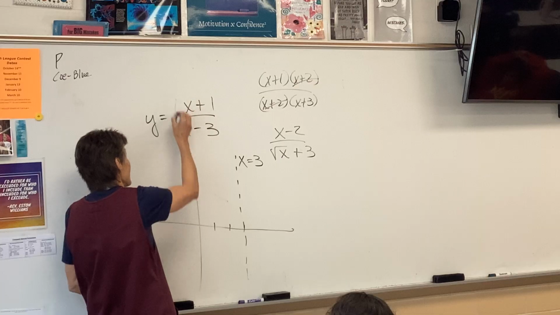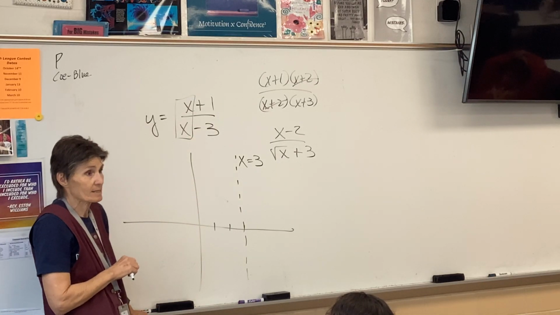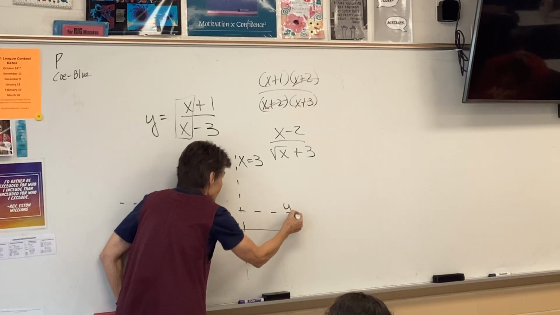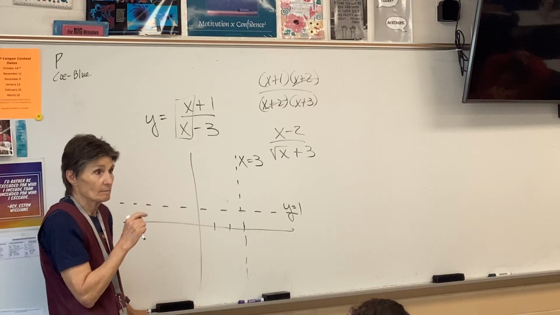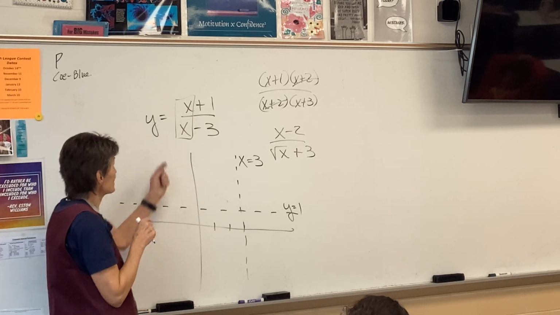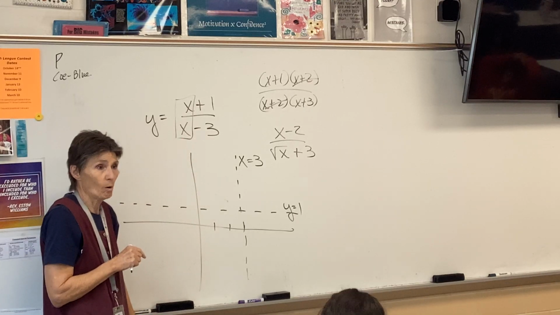And then I see I have an x over an x. So my horizontal asymptote is 1. X over x, 1. Now, will this fraction ever actually equal 1?